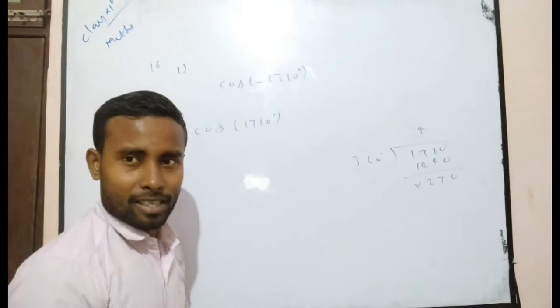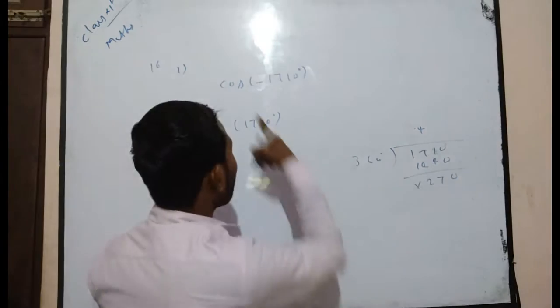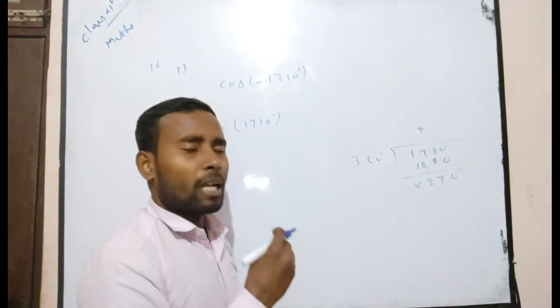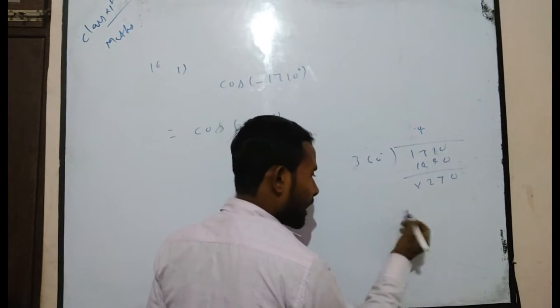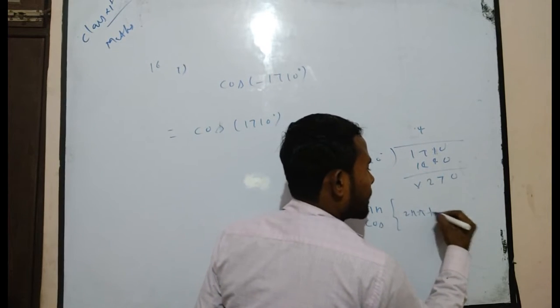270 will be the remainder. This holds for any trigonometric ratio, whether sin, cos, tan, cot, sec or cosec, as it becomes 2 pi plus minus theta.